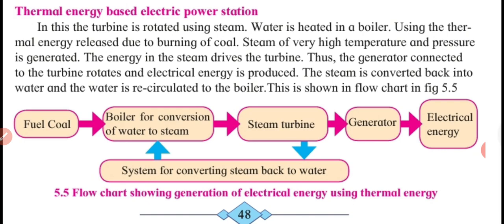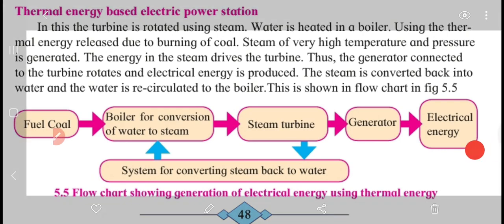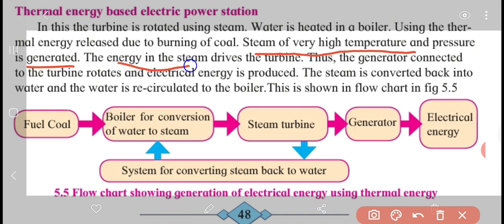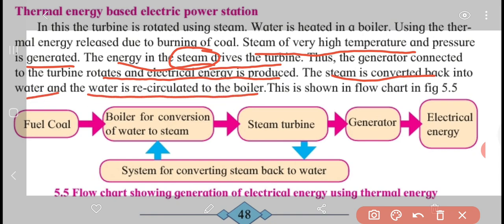Water is heated in a boiler, and using the thermal energy released during burning of coal, steam of very high temperature and pressure is generated, and the energy in the steam drives the turbine. So what rotates the turbine is steam. Thus the generator connected to the turbine rotates and electrical energy is produced. The steam is converted back into water and the water is recirculated to the boiler.